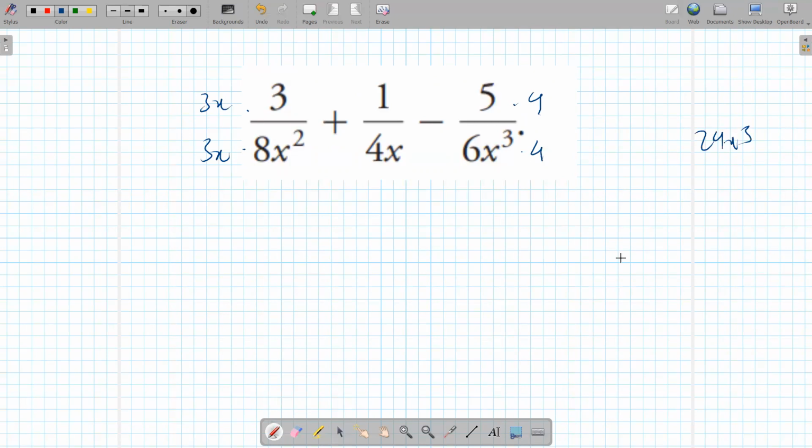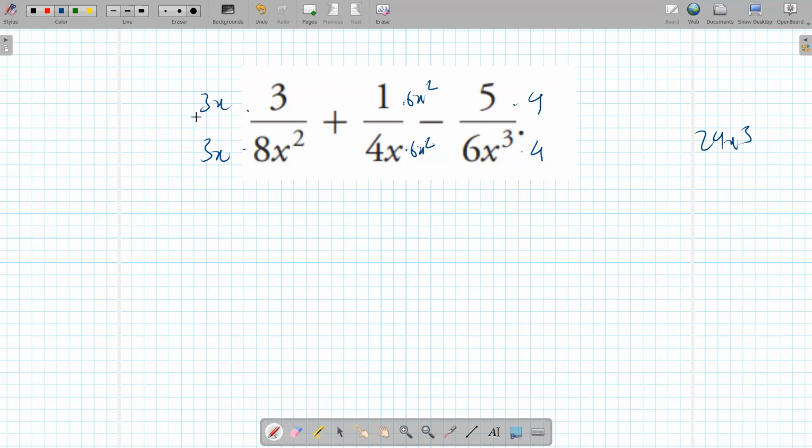I need to multiply 4x by something to get 24x cubed. 6x? 6x will give you 24x squared. We need 24x cubed. 6x squared. Yes, 6x squared.